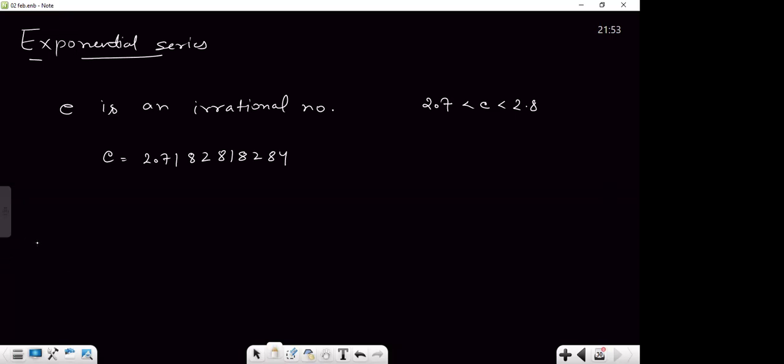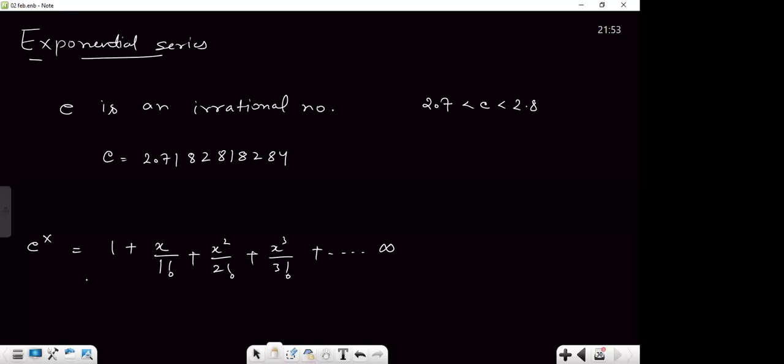Let's talk about the series. So e raised to x is 1 plus x divided by 1 factorial plus x squared divided by 2 factorial plus x cubed divided by 3 factorial till infinity.